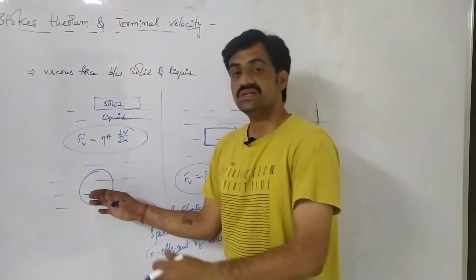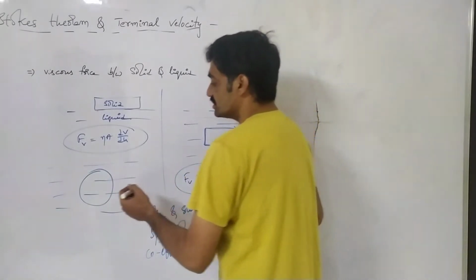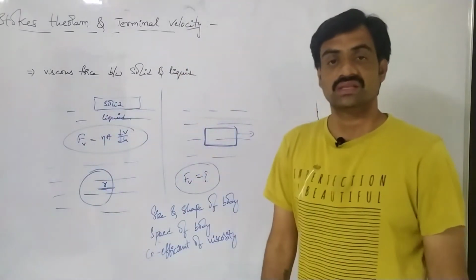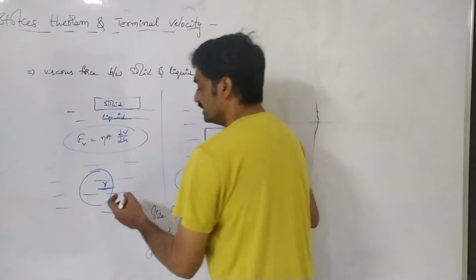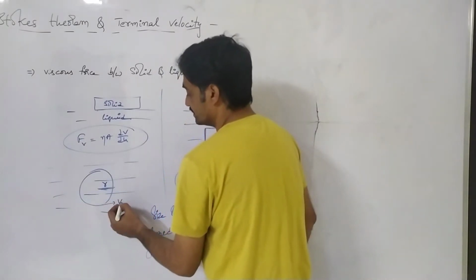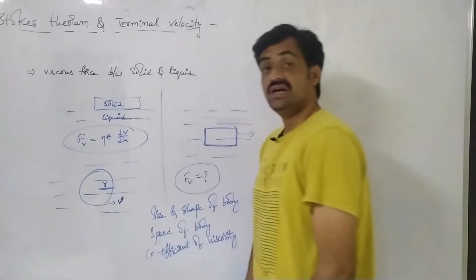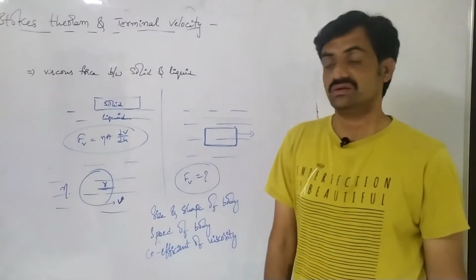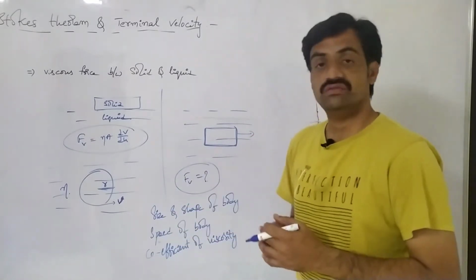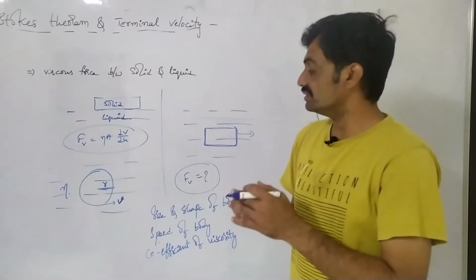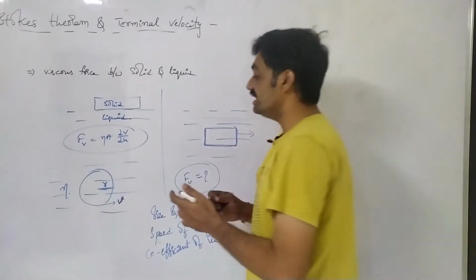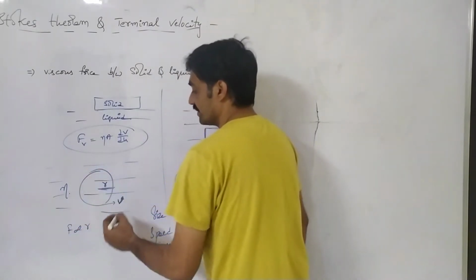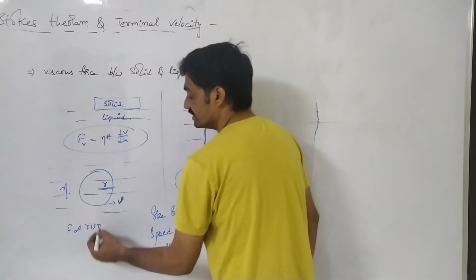Stokes considered the radius of the sphere, the speed of the sphere, and the coefficient of viscosity acting on the sphere by the fluid. He stated that the force acting on the sphere is directly proportional to the radius of the sphere, the velocity of the sphere, and the coefficient of viscosity.